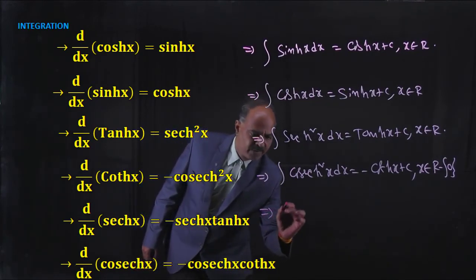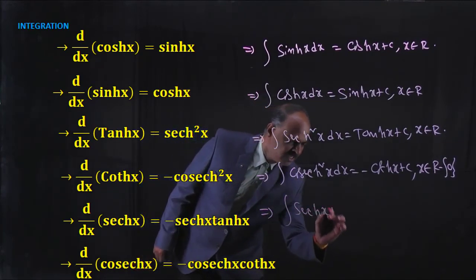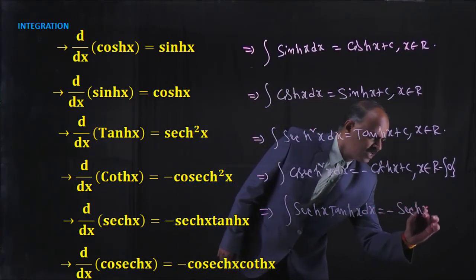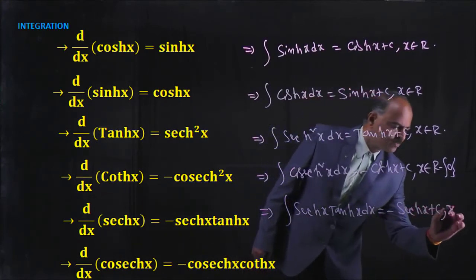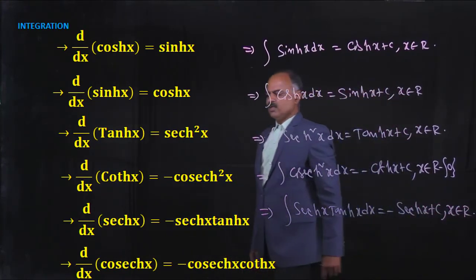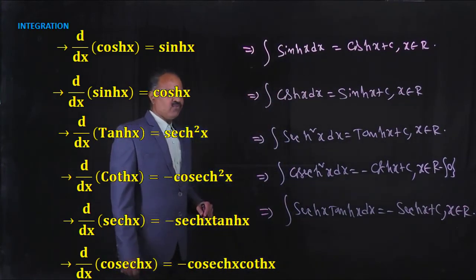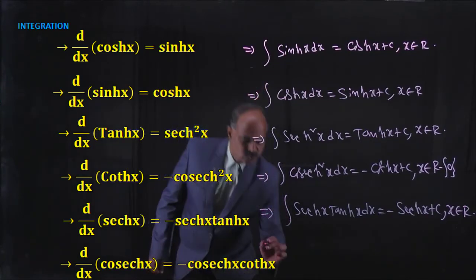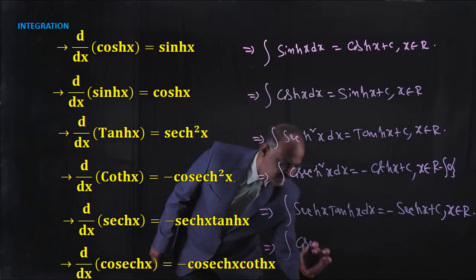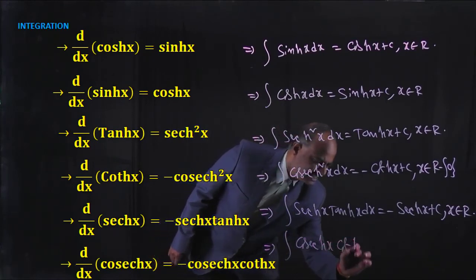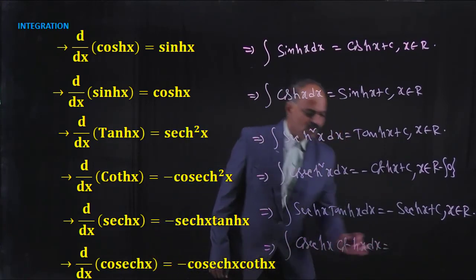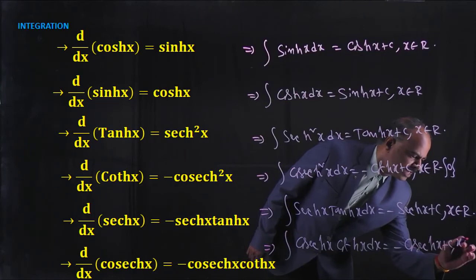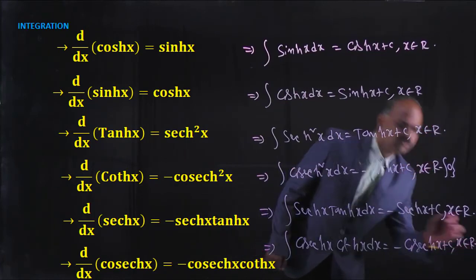So here this implies integral secant hx into tan hx dx equal to minus secant hx plus c, x belongs to R. Next one is d by dx of cosecant hx equal to minus cosecant hx into cot hx. So this implies integral cosecant hx into cot hx dx equal to minus cosecant hx plus c, x belongs to R minus 0.